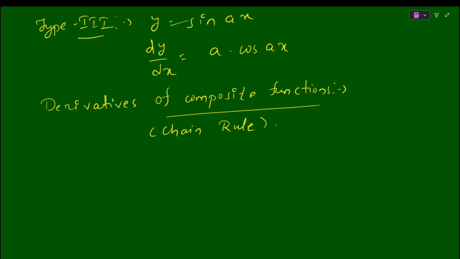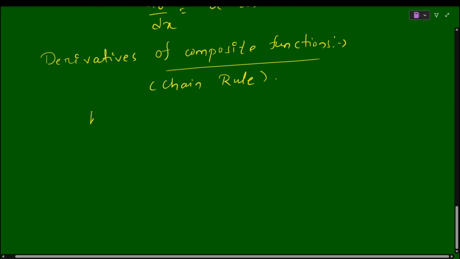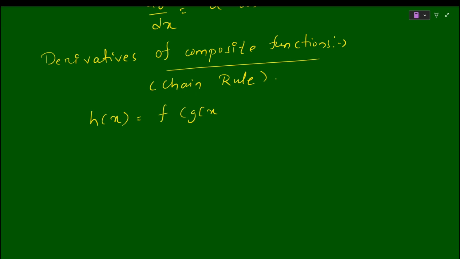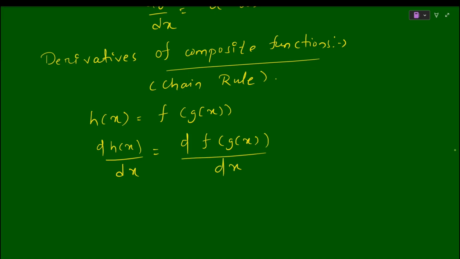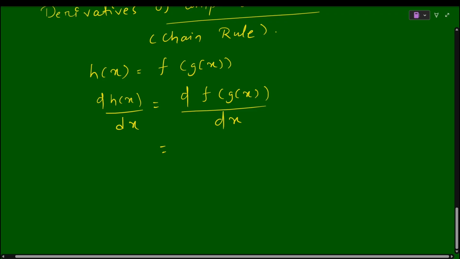It states that if I take a function h as f of g of x, then the h function is f of g of x, meaning function of function. While finding the derivative of h of x, I have to use the chain rule. And how to use this? This procedure is to be followed.